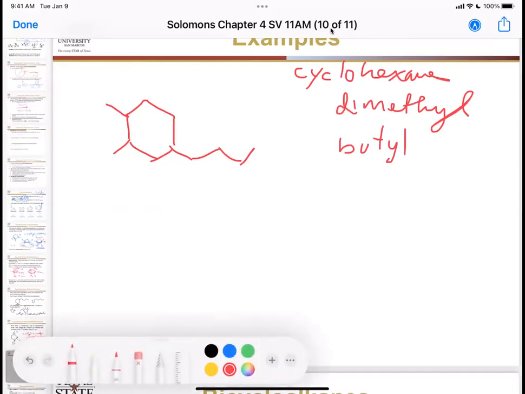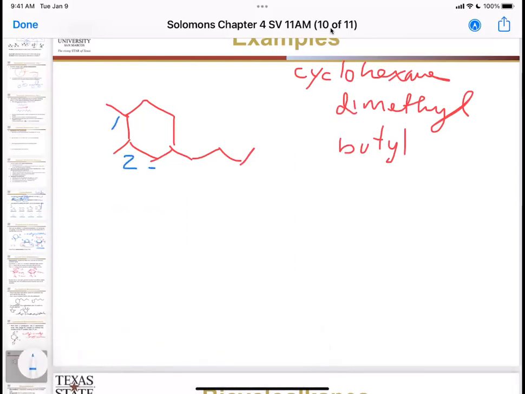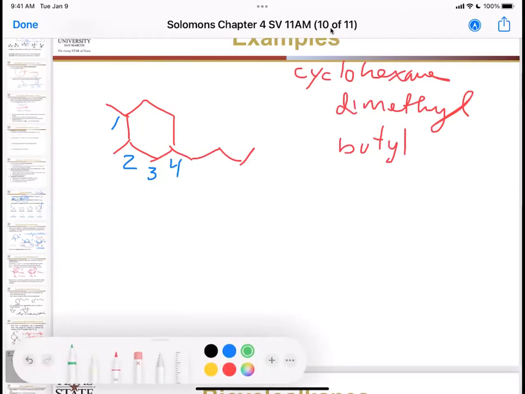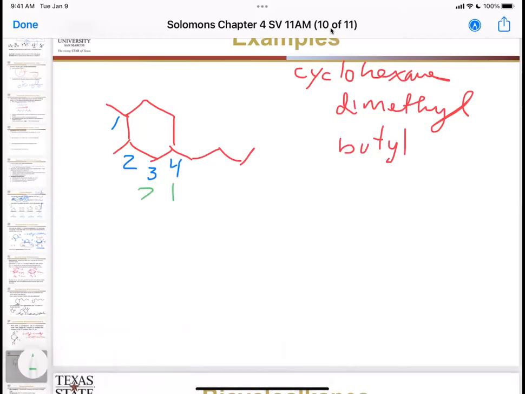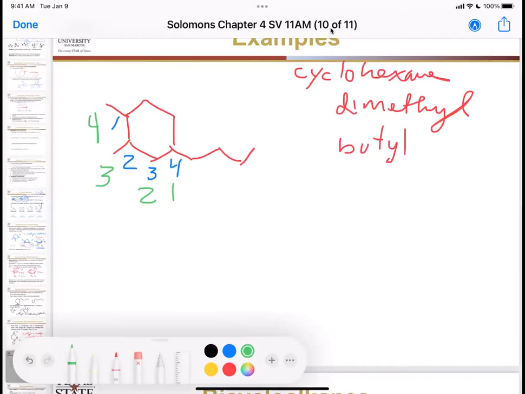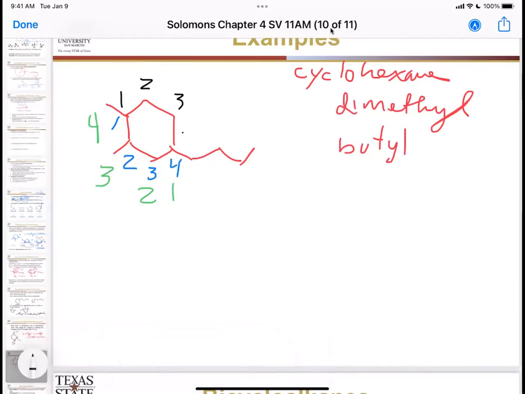So if we started here, we have 1, 2, 3, 4. If we started here, we'd have 1, 2, 3, 4. If we went around the other way, we have 1, 2, 3, 4. Oh, it's not going to go that way. It's too many numbers already.